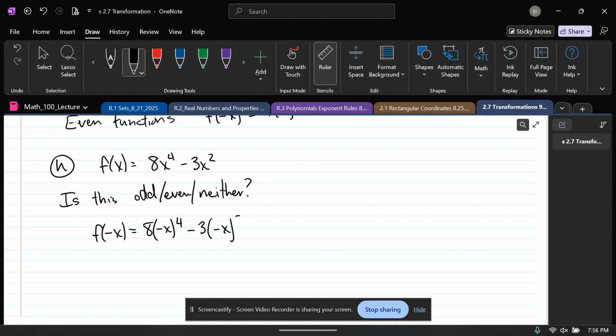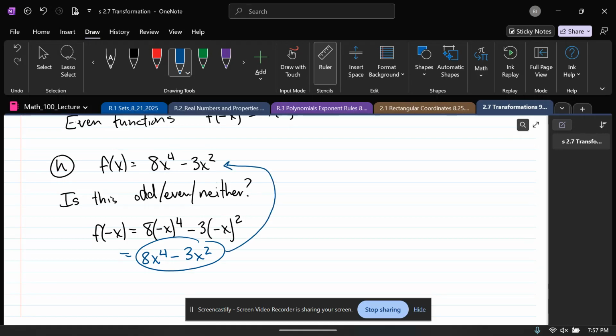If I plug in a negative x, what happens when I say negative x to the fourth power? It turns into x to the fourth. That's 8x to the fourth. What happens when I square negative x? It's x squared. So that's negative 3x squared. What do you notice about that? It's the same. So that means it's even, because they're the same. That's how you can know.